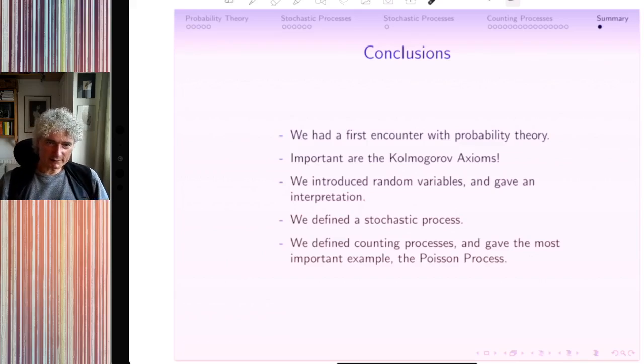Let's finish this lecture with the conclusions, as always. So we had now a first encounter with probability theory. You know what the Kolmogorov axioms are. It's very important. It's really something you should know by heart all the time.